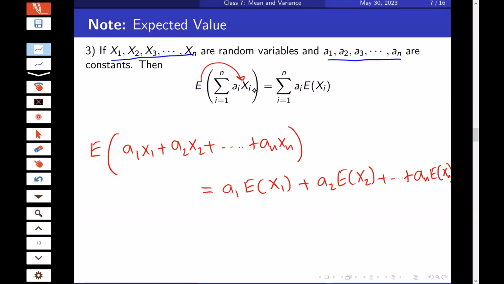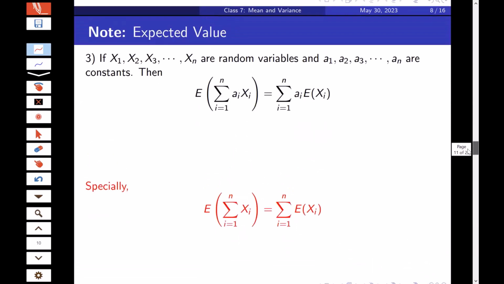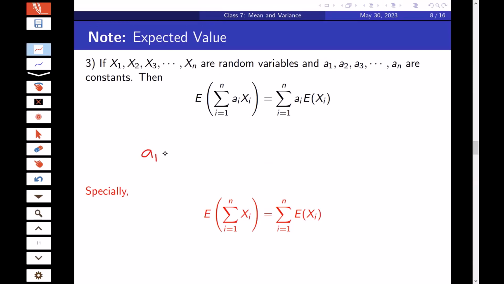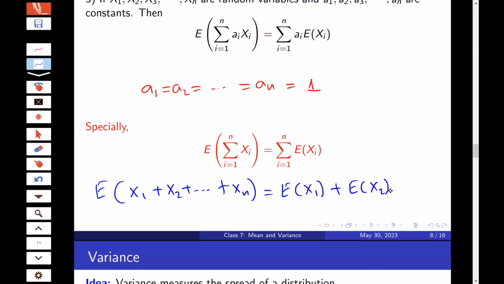That means you can bring this expectation inside. Specifically, if you take a1, a2 all the way to an equal to 1, all of these being 1, then E(X1 + X2 + ... + Xn) equals E(X1) plus E(X2) all the way to E(Xn).